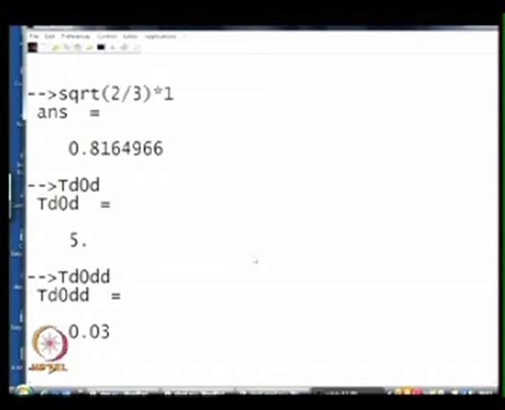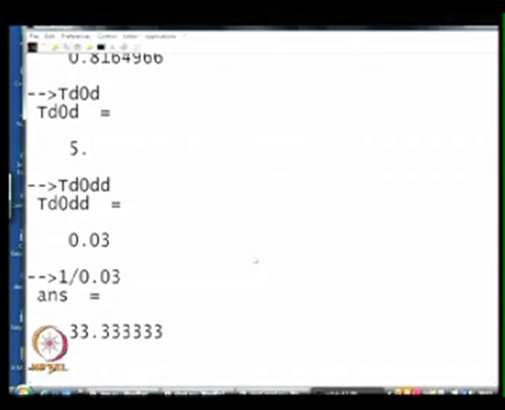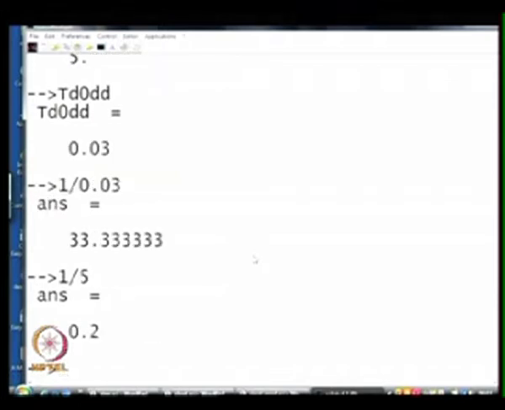The reciprocal of 0.03, which is also an eigenvalue as mentioned sometime, is much faster than 1 upon 5. So the other mode, so to speak, is not visible very clearly, though it does exist.